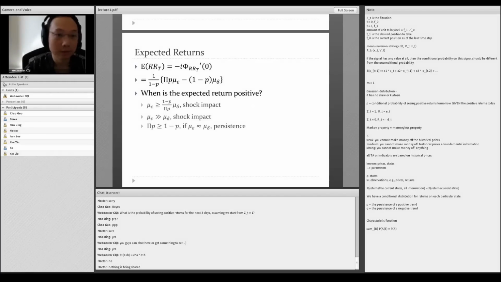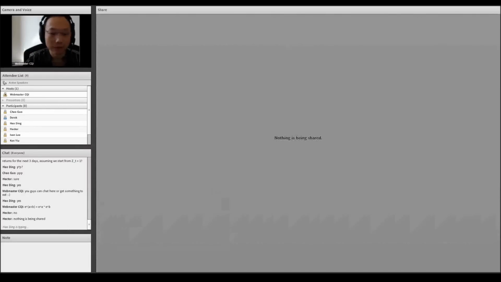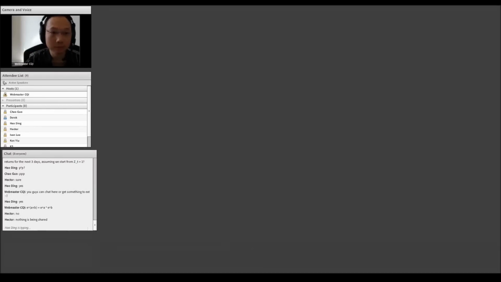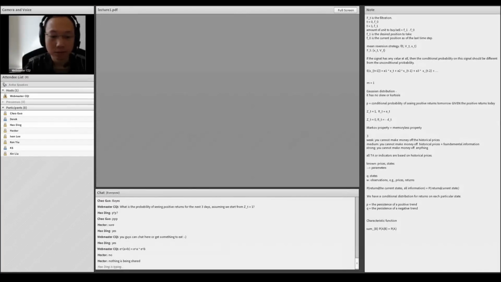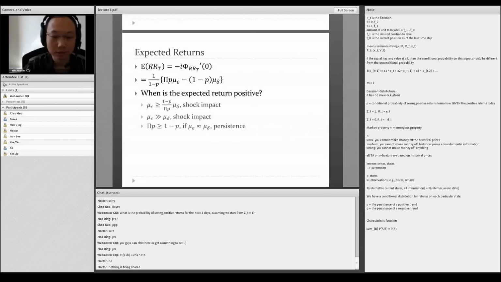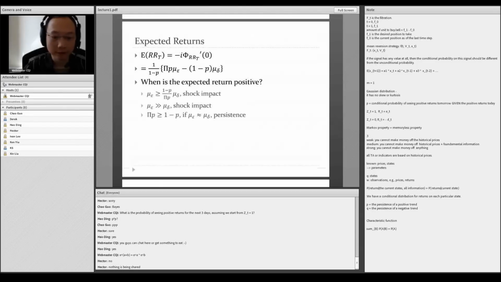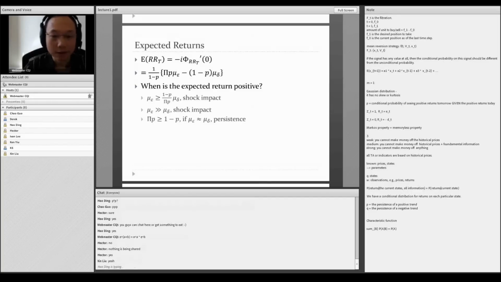Okay. So what I wanted to say is this: in order for this strategy to make money, the expectation of return needs to be positive, and for this to be positive, this term needs to be positive. You can do some simple algebra. You forget about this because it is just a constant. You want the first term to be bigger than this term.